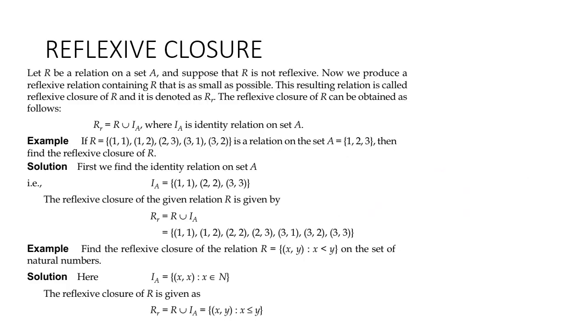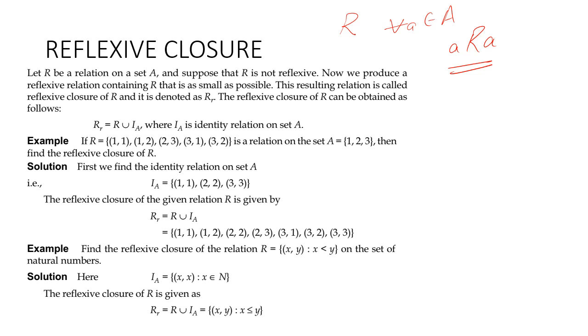Now, let's first talk about the reflexive closure. If you remember, reflexivity means a relation R is said to be reflexive if for every A belonging to the set, A is related to A. Now suppose we have a relation which by definition is not reflexive.